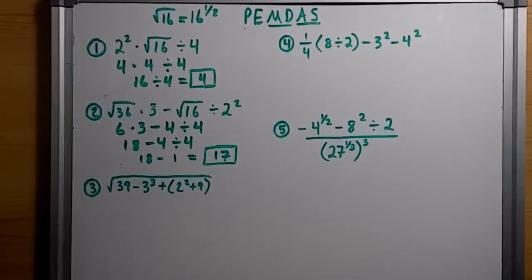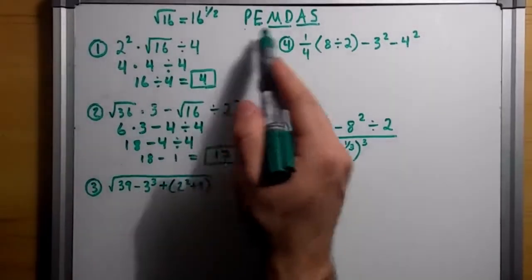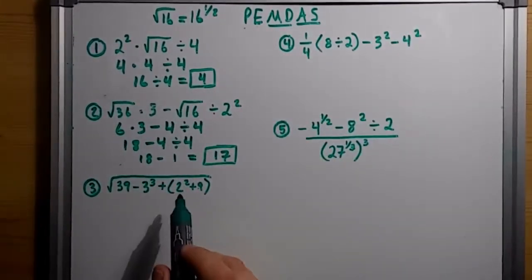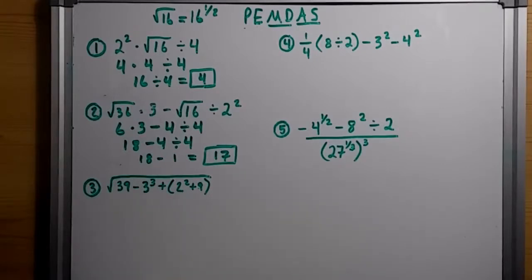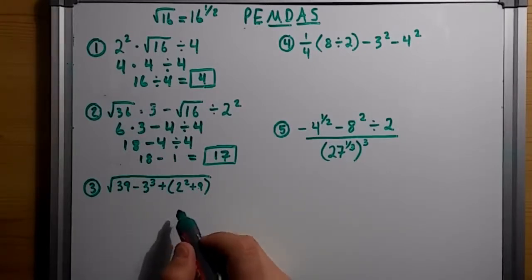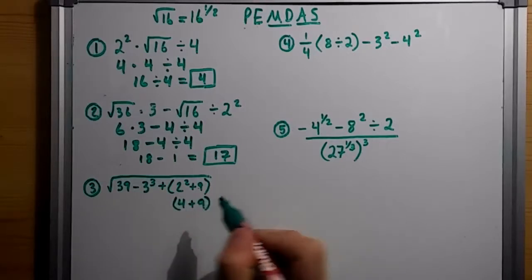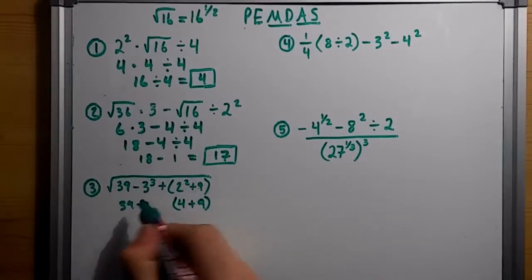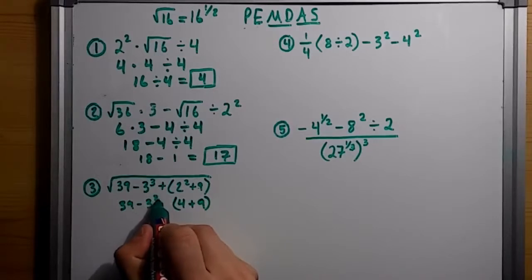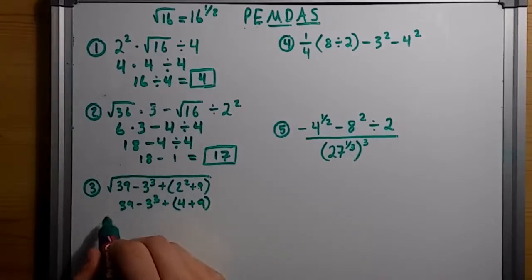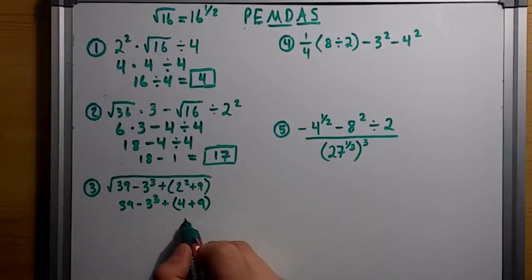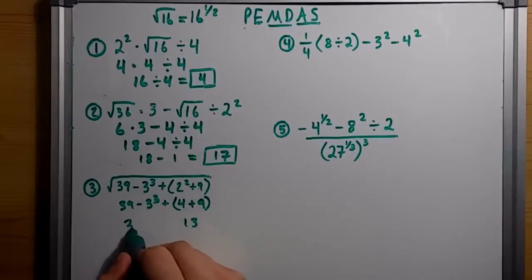Problem number 3. This problem seems a little bit ugly, but just following the acronym PEMDAS, I'm going to take care of whatever is in the innermost set of parentheses. So 2 squared, that's going to give me 4 plus 9. So 4 plus 9 is going to give me 13.